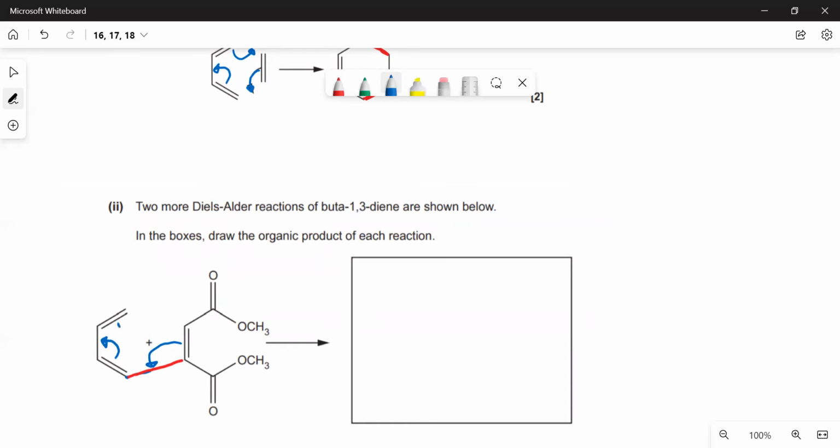And that double bond is going to break to form a new bond there. So we draw the structure of the new thing. What's it look like? Well, we've got a new double bond there, and that double bond's gone there. And nothing has changed in that part of the molecule there, the ester bit. Okay, so that's the first one.